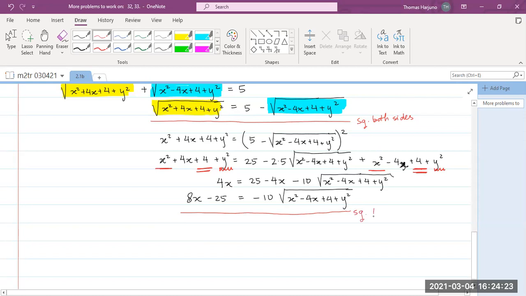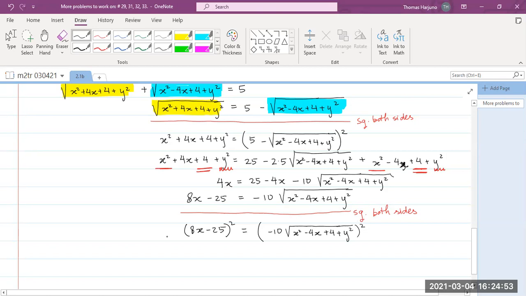Square both sides. So I will get 8x minus 25 being squared equals to negative 10 times square root of x squared minus 4x plus 4 plus y squared, all of these being squared.